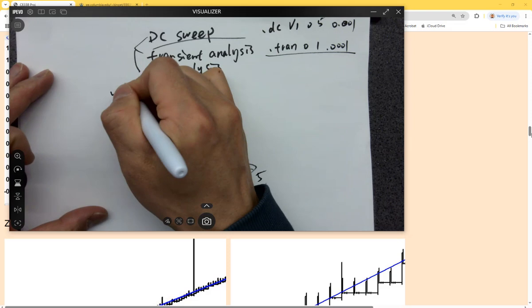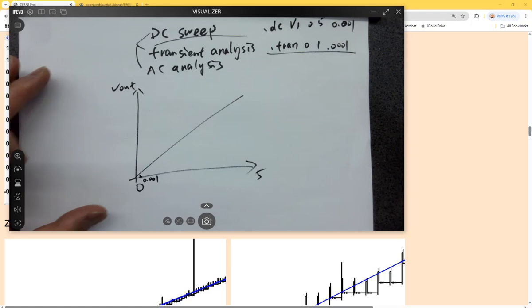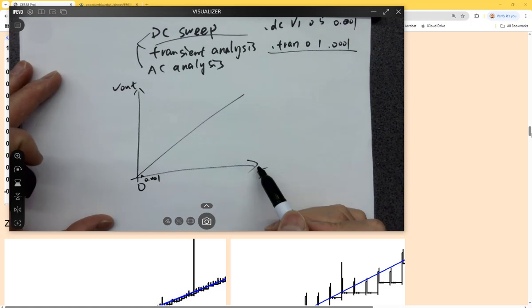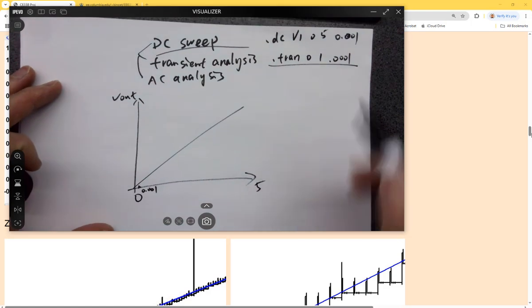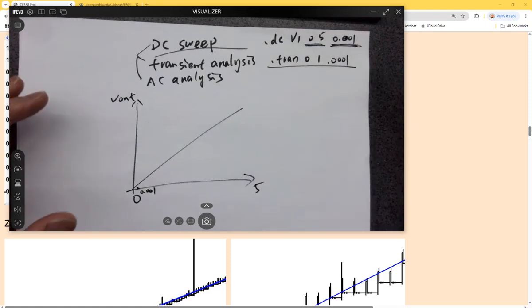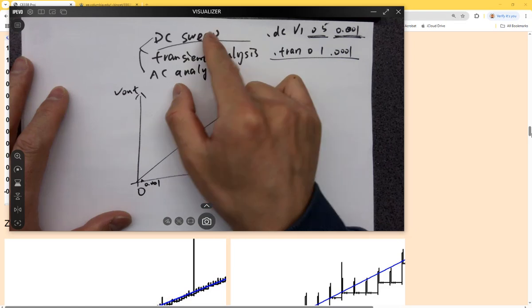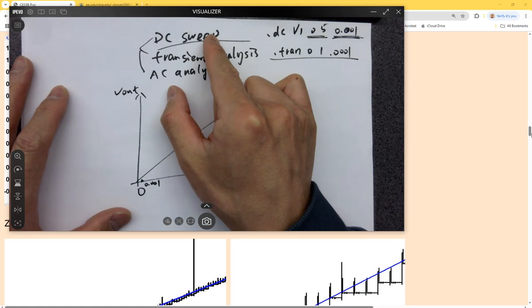You probe whatever you want to probe, okay? So the input is going to be linear because you are sweeping your input linearly. It's 0 to 5, and the increment is 0.001 volts. So in that case, can I use a DC sweep to analyze the performance of the ADC?